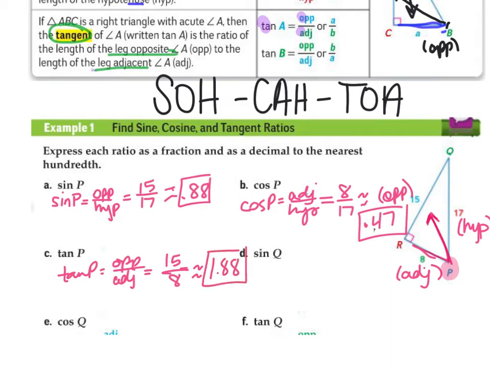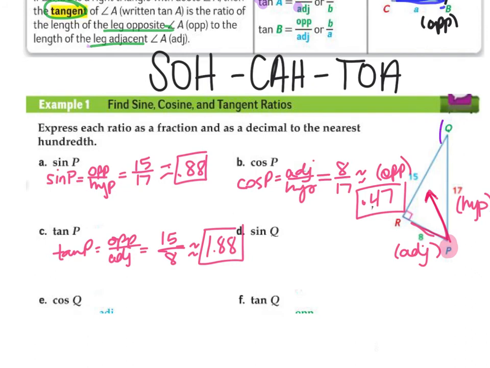Then just for another set of examples, if we're looking at Q, sine again is, well, let's put the angle that we're looking at. Sine of Q equals opposite over hypotenuse. Opposite is 8 in this case, so 8 over the hypotenuse, which was 17.